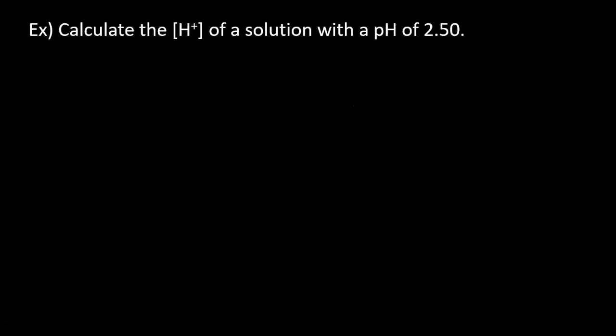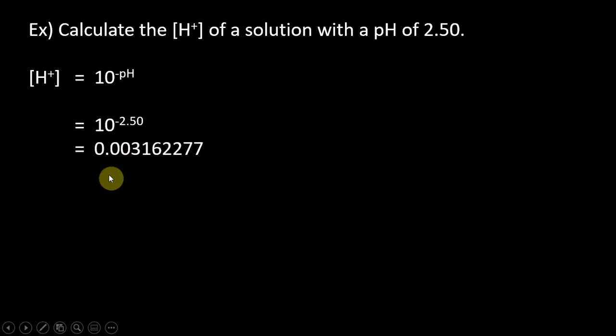The H plus, the hydrogen ion concentration for a solution with a pH of 2.5, so that's 10 to the minus pH, would work out to 0.003162277. All right.